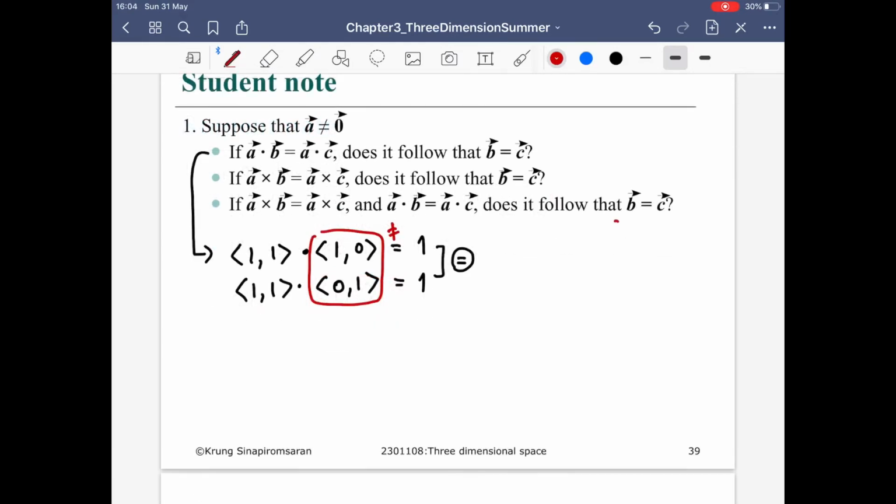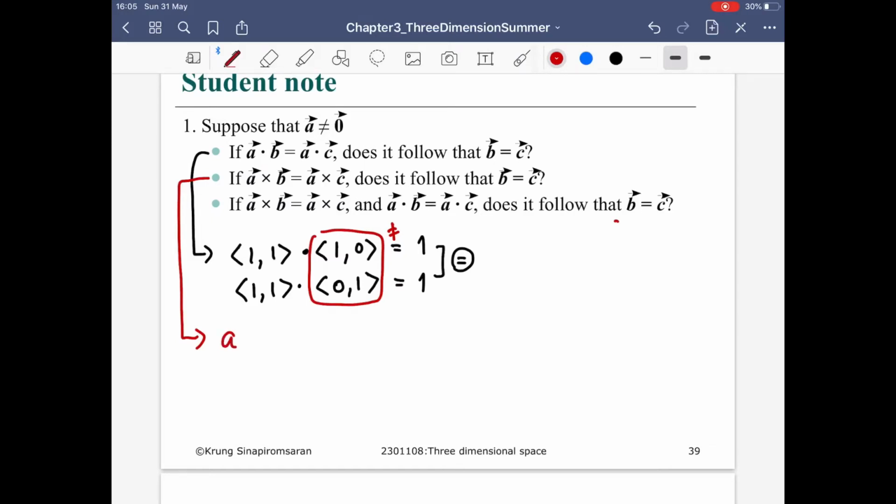How about the second one? The second one will be a little bit more difficult. When A cross B and A cross C are the same, what can we conclude about B and C?